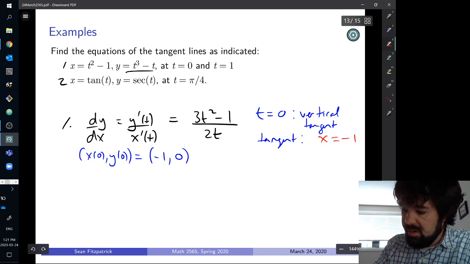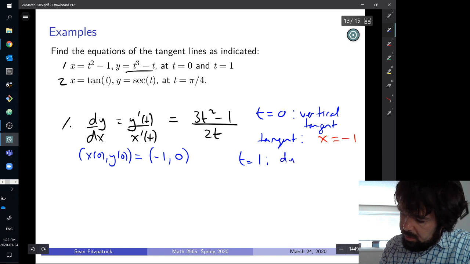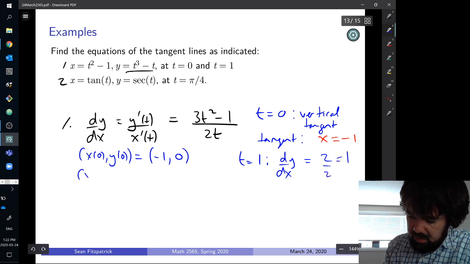It's a vertical tangent. If t is equal to 1, well then dy/dx is going to be 3 minus 1, 2, over 2. It's 1. I get a slope of 1. And coordinates x of 1, y of 1.